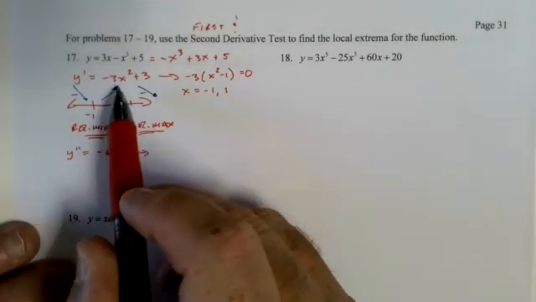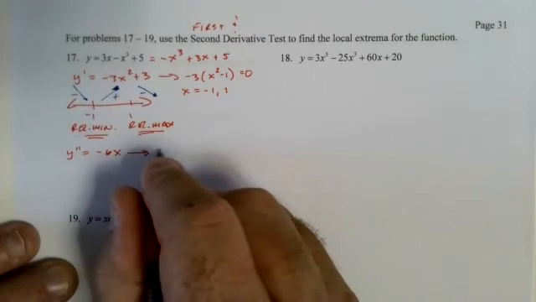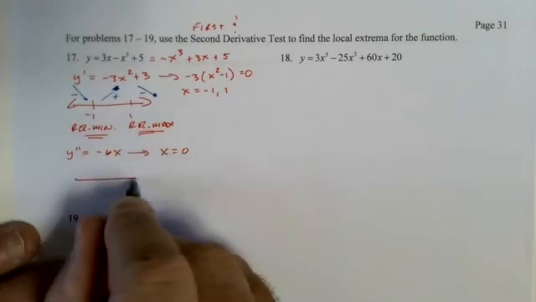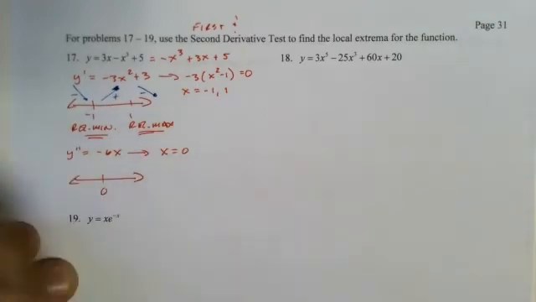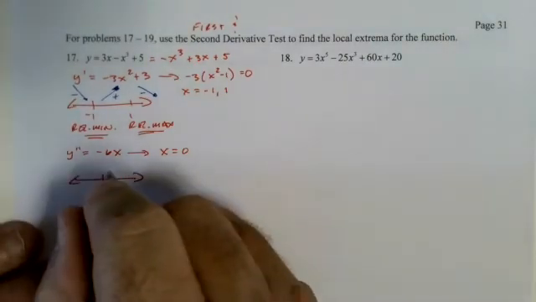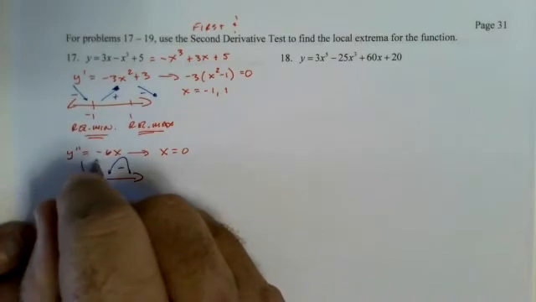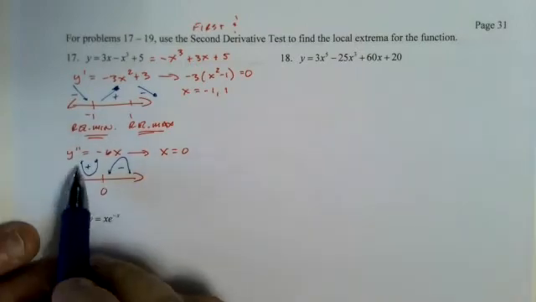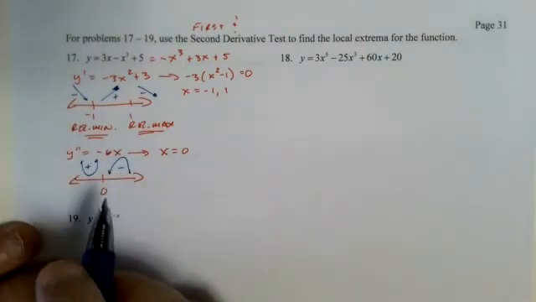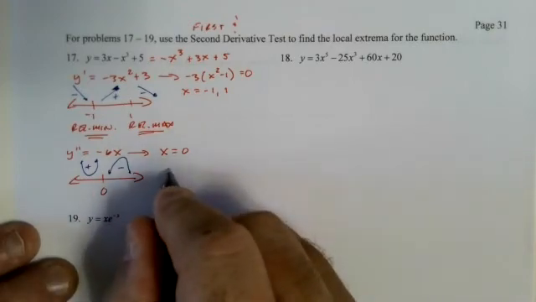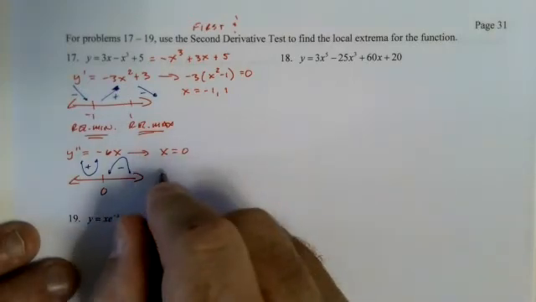I feel like that's wrong. No, it's not. So if I plug in a positive, I've got a negative. If I plug in a negative, I've got a positive. So there's a point of inflection at 0. I'm going to call it a relative min.